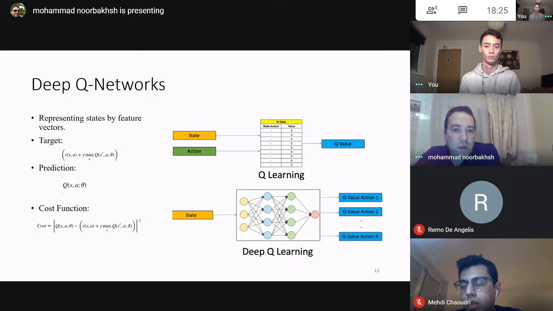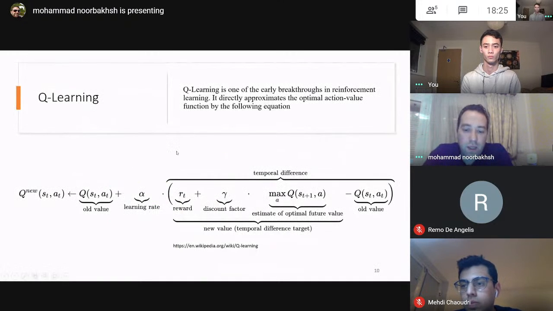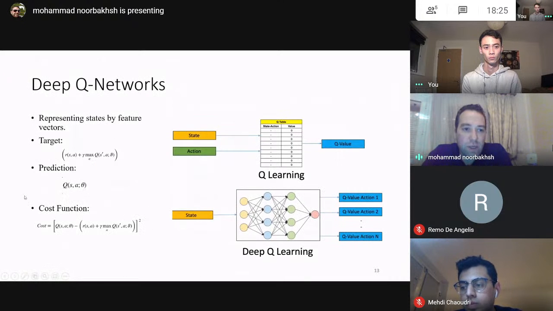The thing is that we have to represent the states by feature vectors. The target is this formula, which is adopted from Q learning. So the target value is this, and the prediction is this one.